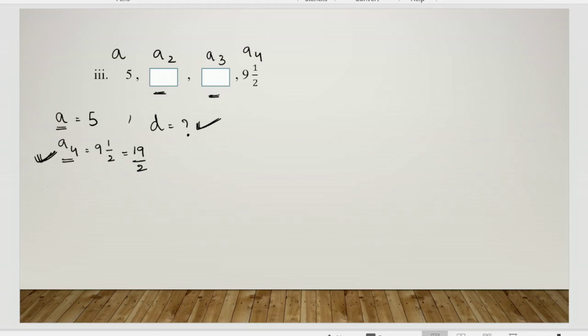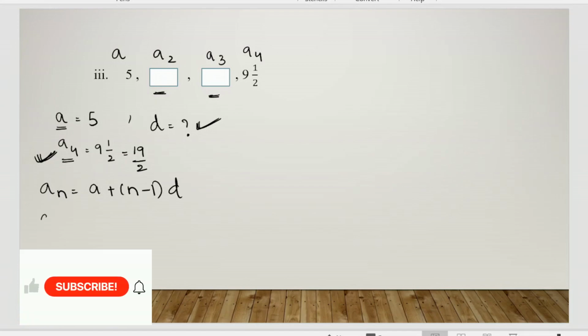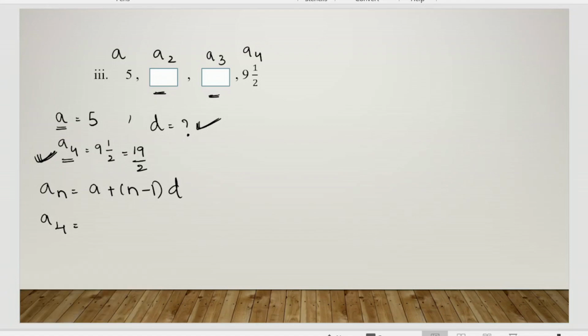The formula is An is equal to A plus n minus 1 of D. We will be using A4, the last term. A4 is equal to, here A is 5, the first term, plus n minus 1 of D. What is n here? n is 4, so I am just replacing n with 4.